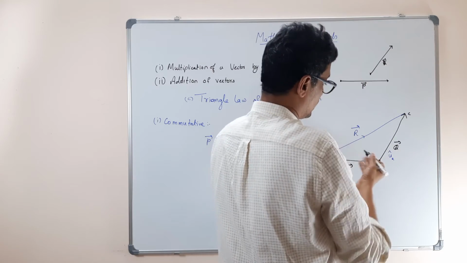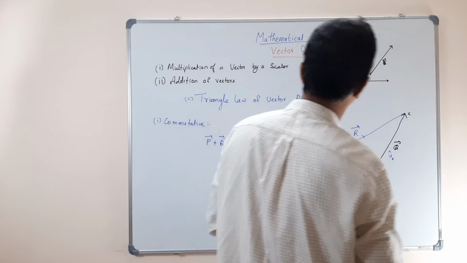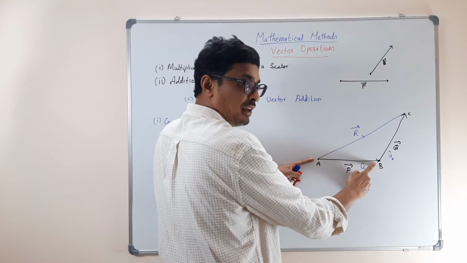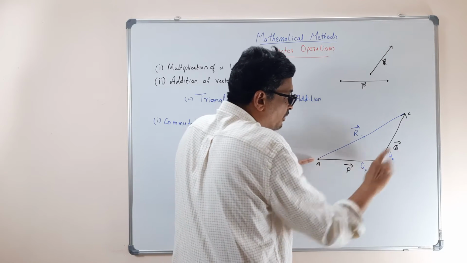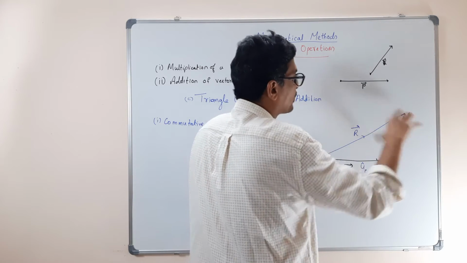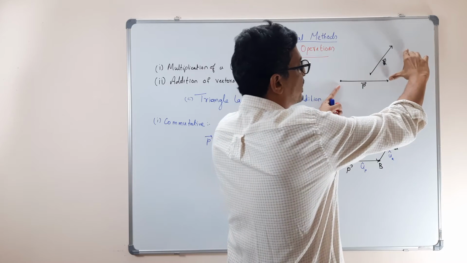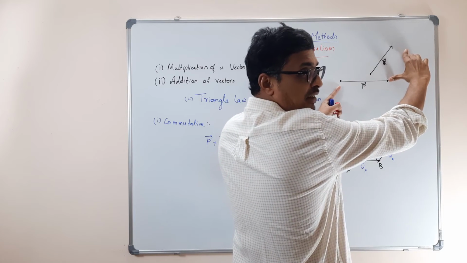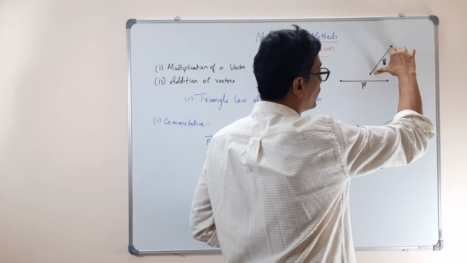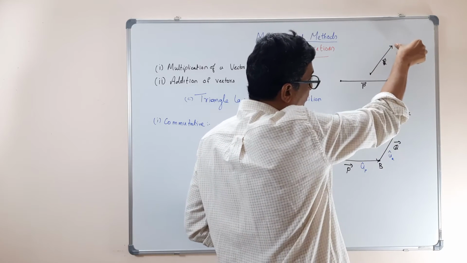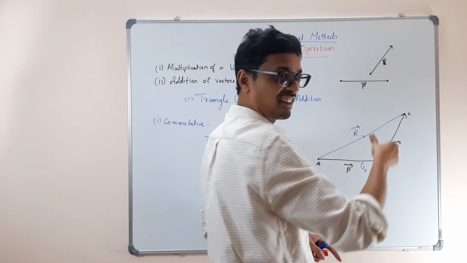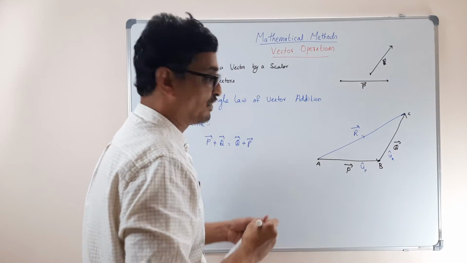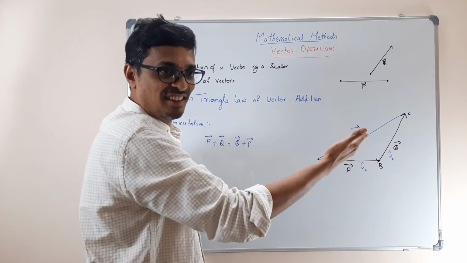Why do we add like this? We can draw the same figure differently. We started with P, and on its head we stuck the Q vector. Instead, I can start with Q, and on its head I can stick the P vector. Am I right? That's also possible because I want to add only. So let us see.